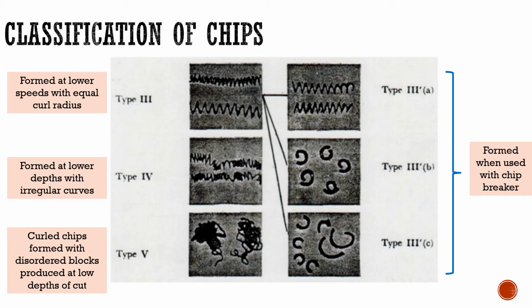And the type 4 chips are produced at lower depths and have irregular curves. The radius of curvature is usually irregular. And the type 5 chips are curled chips with disordered blocks, produced at low depth of cut.